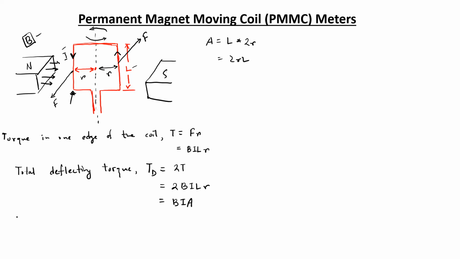Now for a coil having N number of turns, the deflecting torque can be written as B I A into N, so multiplied by the number of turns of the coil.